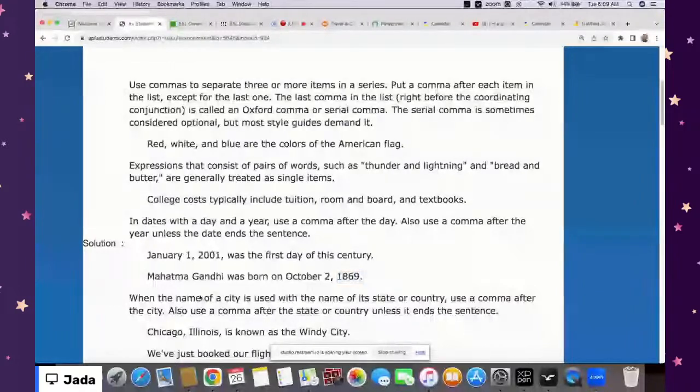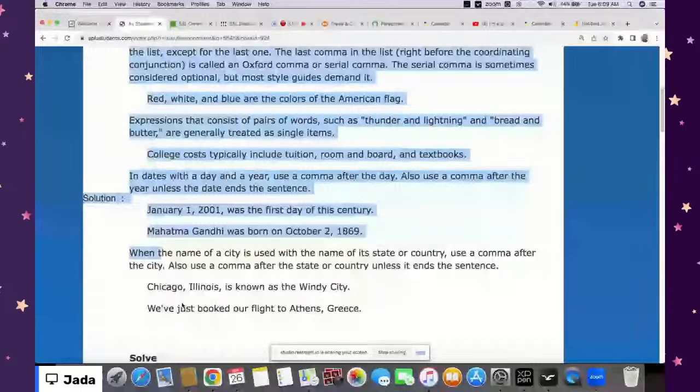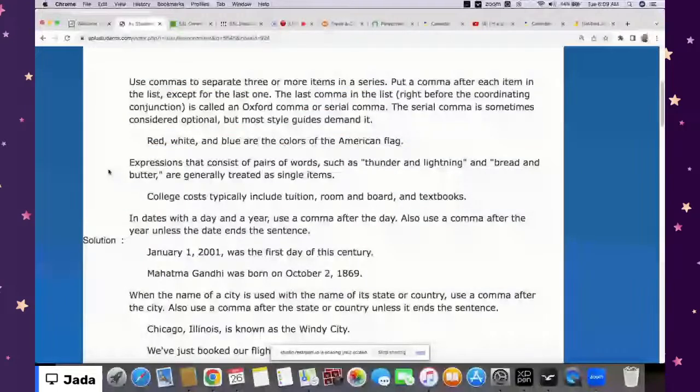When the name of a city is used with the name of its state or country, use a comma. So now that is it for dates. We're done with dates. We're moving on to the last one here, which is the places. But for the date, I hope that you get it. Just make sure you take note that you always have to put a comma after the day.